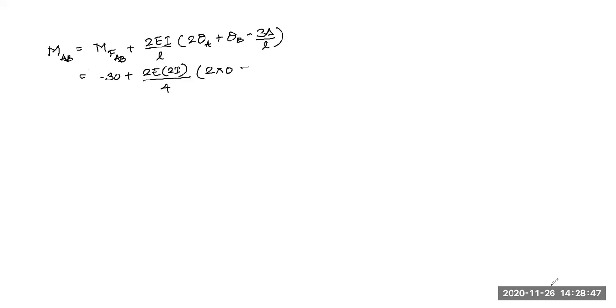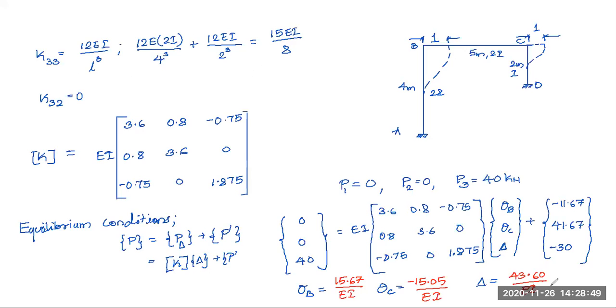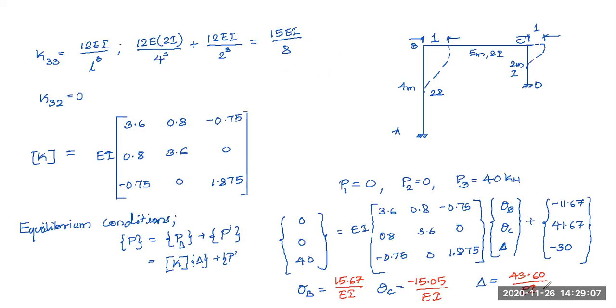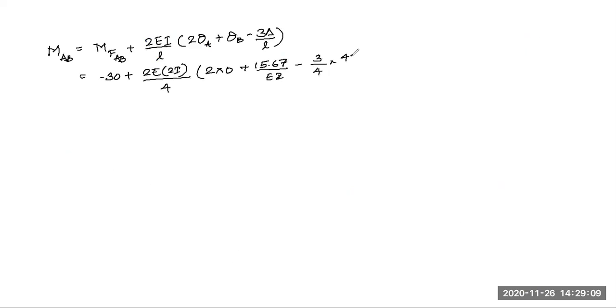And theta B is 15.67, so plus 15.67 over EI, minus 3 by L into delta, which is 43.60 over EI. This will get you the value of MAB.